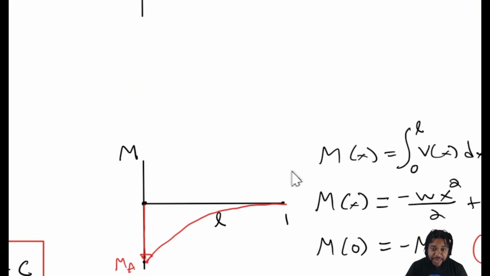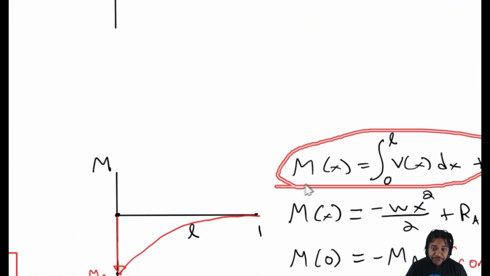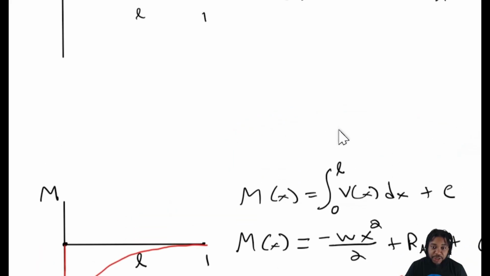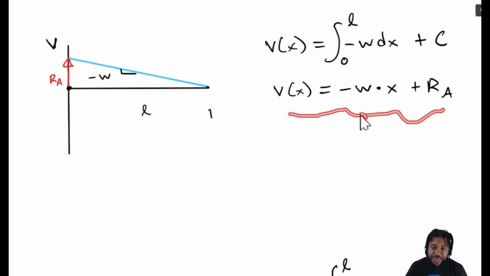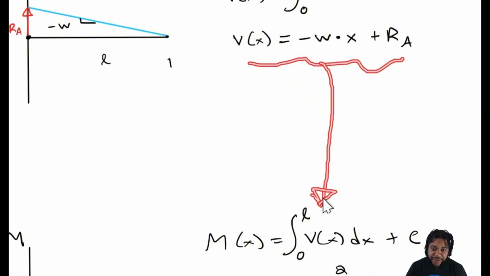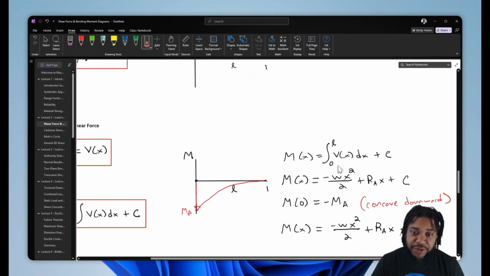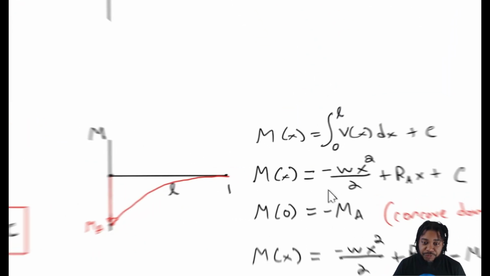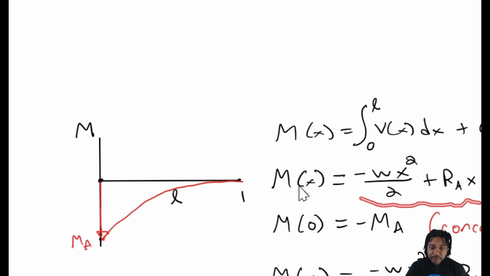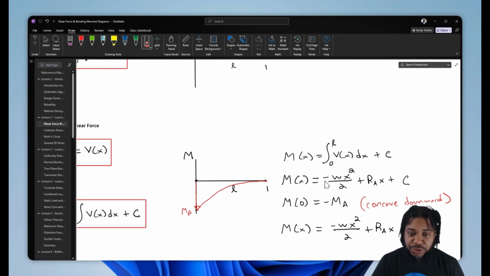If we were to do that integration over our given beam from 0 to L, we can go ahead and plug in our V(x) equation that we've already found, and then we can integrate from 0 to L, and we'll find the following, that our moment is equal to negative W times x squared divided by 2 plus RA times x plus our constant of integration, right?